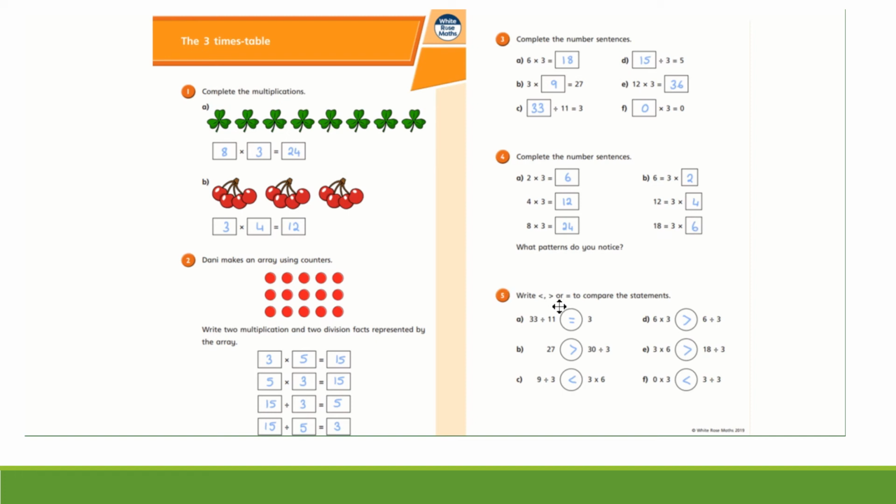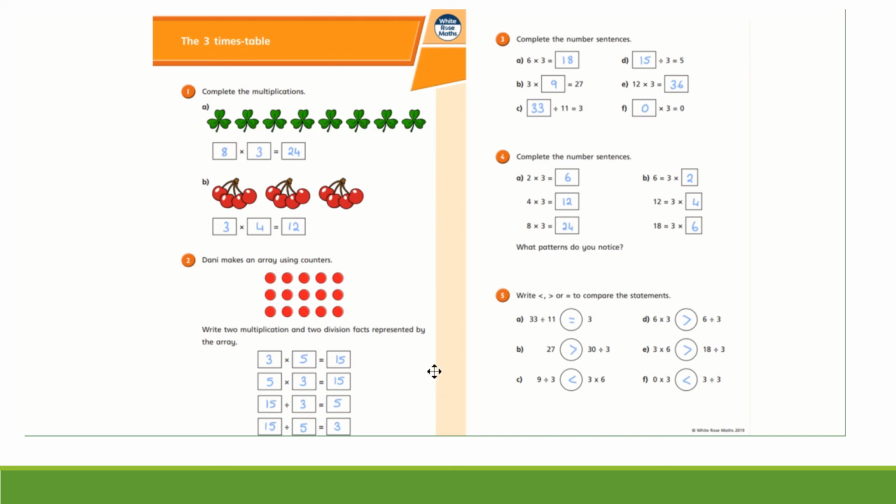And then 5, we're using the greater than, the smaller than, or the equal to symbols to compare. 33 divided by 11 is 3, and we have 3 on there, so those are equal. B, we have 27 is bigger than 30 divided by 3, because 30 divided by 3 equals 10. C, 9 divided by 3 equals 3, and 3 times 6 is 18, so 3 times 6 is the bigger number.